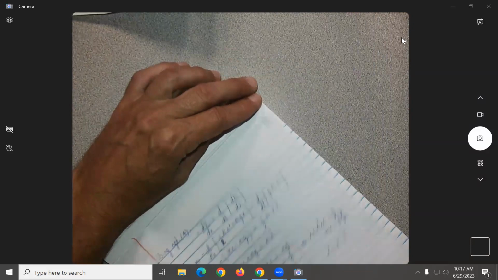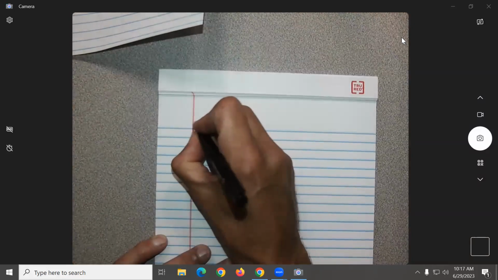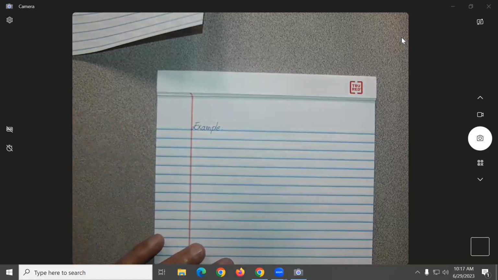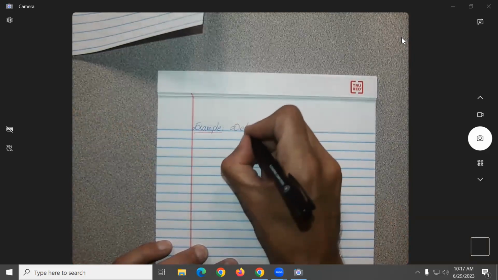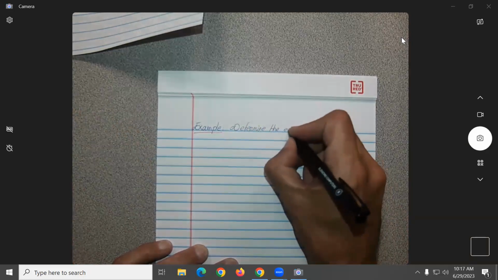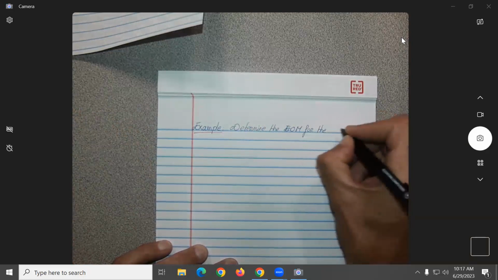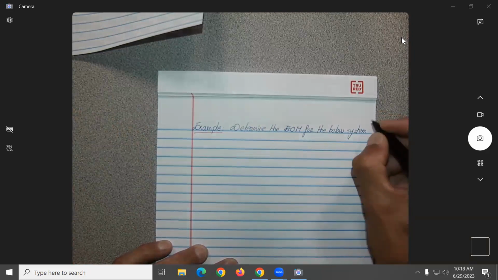Okay, so let's do another example, which was the second example we did yesterday. So again, we will determine the equation of motion, the EOM, for the below system.